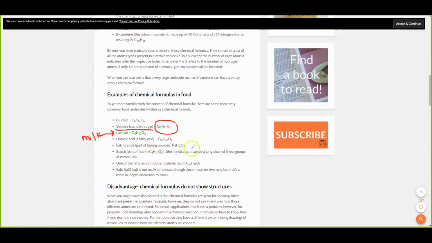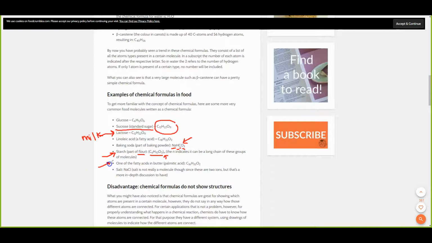Does my food have baking soda? Baking soda is also a part of baking powder. That's sodium, Na, hydrogen, H, carbon, C, and 3 oxygens, O3. Starch, a part of flour, if you have flour in your food, is C6H10O5 with a little n. The n just means you could actually have a lot of those C6H10O5 molecules linked together.